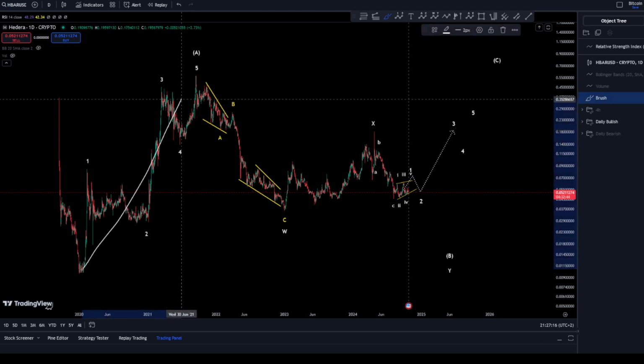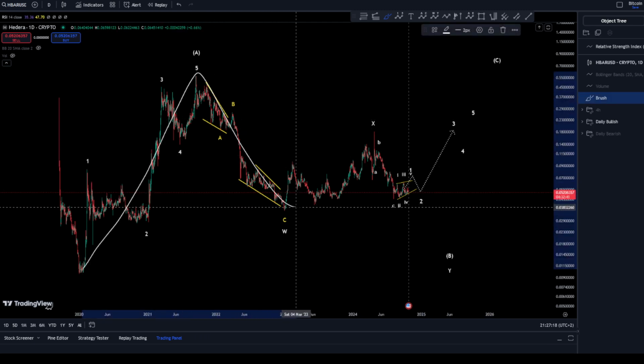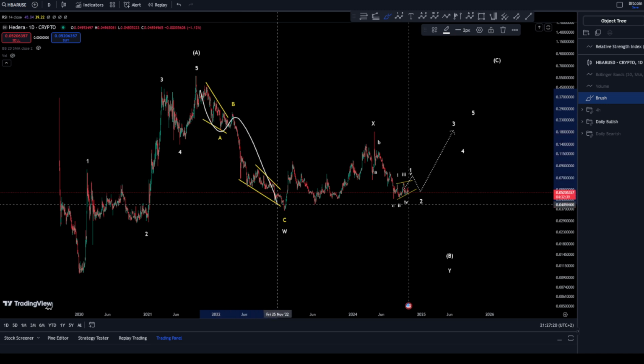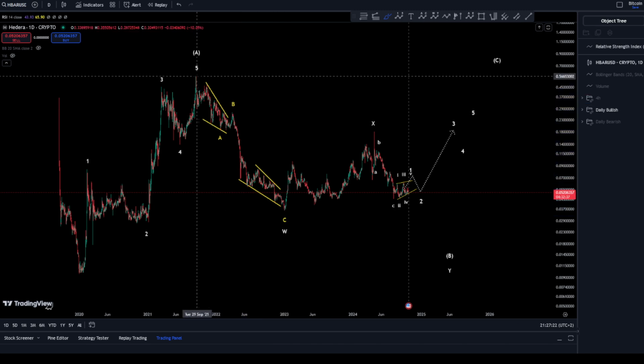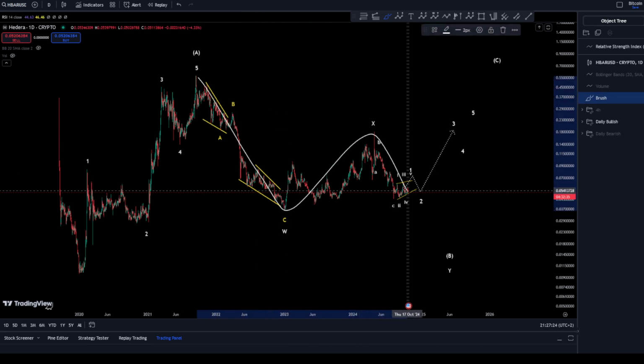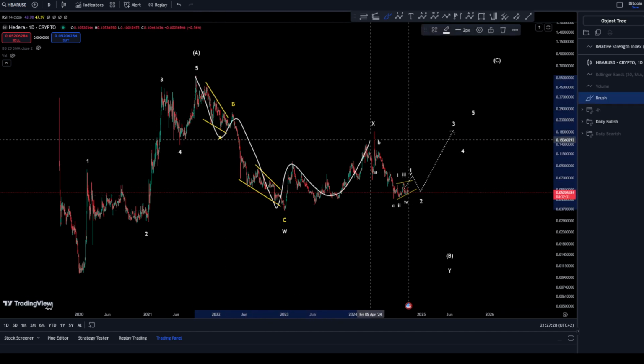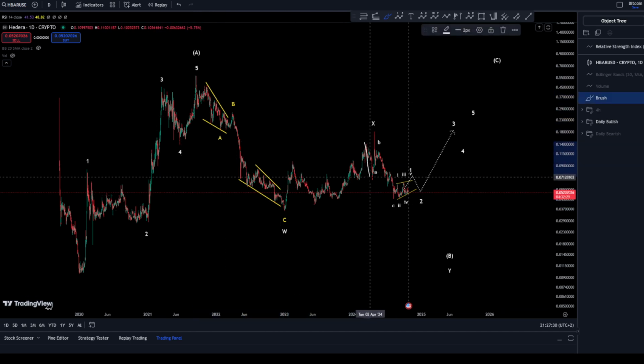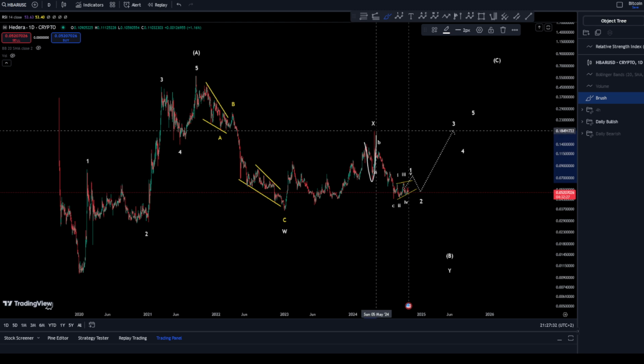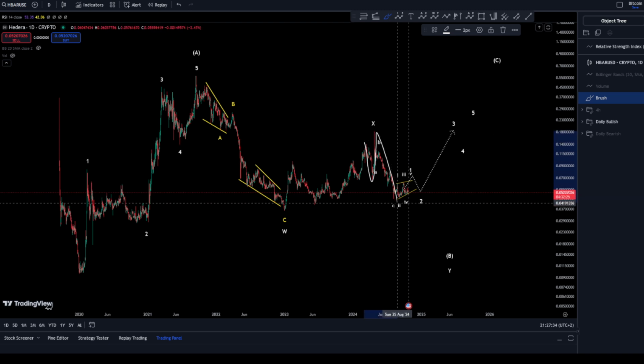However, if you are bullish here and you have finished your wave B here as A, B, and a C, then you are talking here about W, X, and Y, because you are looking here at ABC and then ABC here, and then we are looking again for another A, B, and a C as a flat.